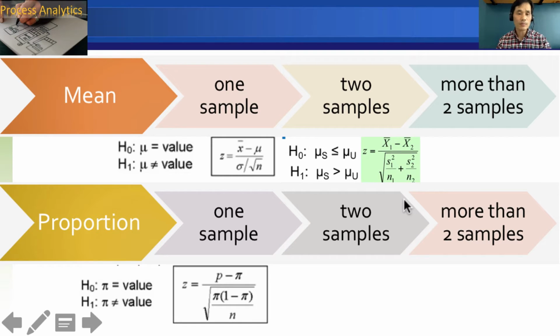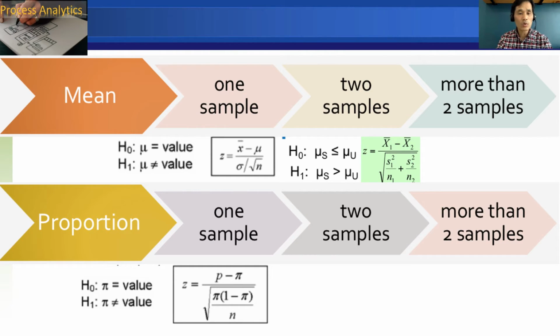If it is two sample test, then the hypothesis looks like mu of sample A is less than or equal to mu of sample B. And alternative hypothesis, the opposite of this sign. So mu sample A is greater than mu sample B. And the formula is also a little bit complicated.